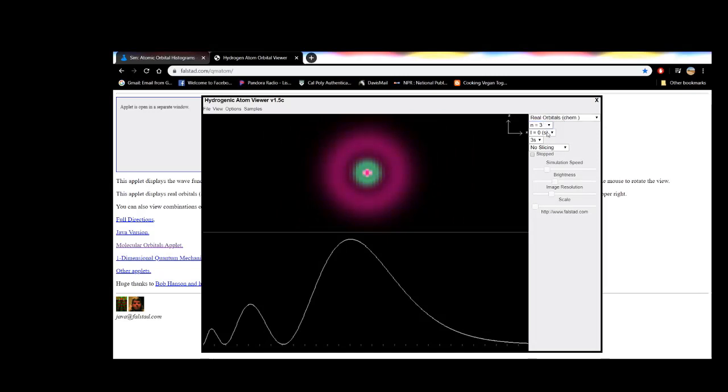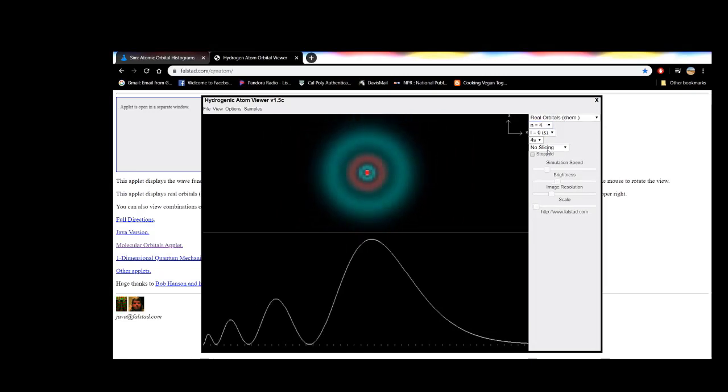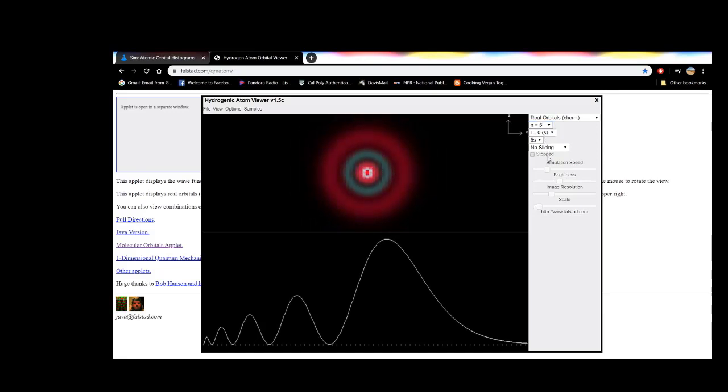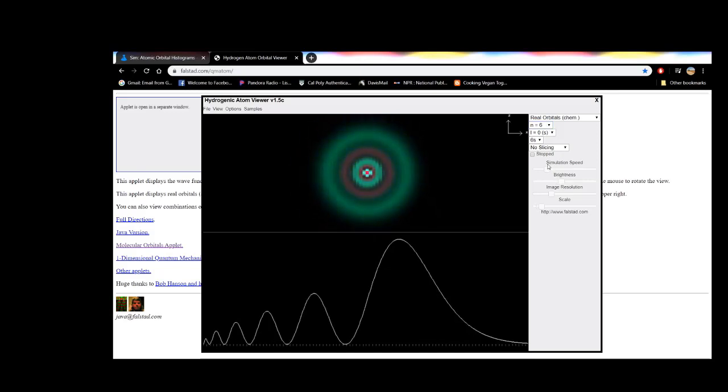Each time we switch up, you'll notice we get another wiggle, a new peak, and the radius moves further and further to the right. So this gives us the first trend that we saw in our periodic trends, which is that as we increase our shell, the radius gets larger. As our n value goes up, the radius gets larger.